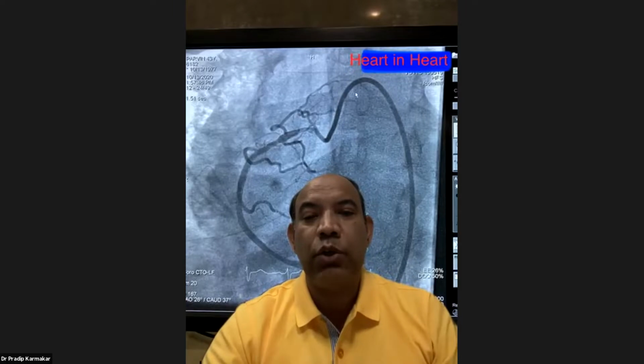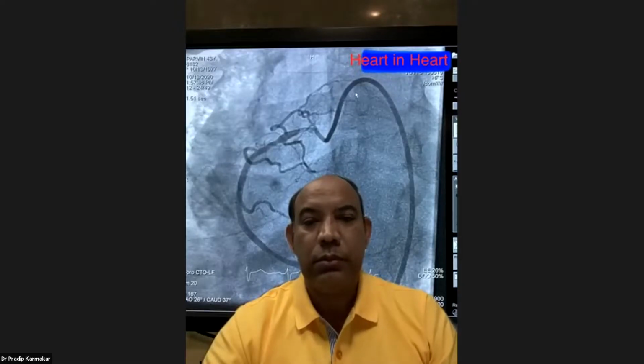Your first question, I forgot. During the crossover technique from left main to LAD, whether the side branch needs to be addressed, or you can leave it alone. I think there are many people who think in different ways.